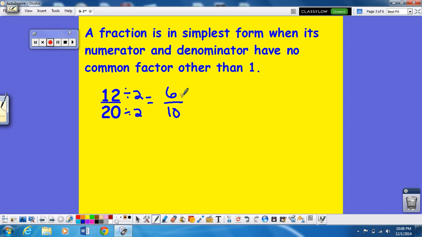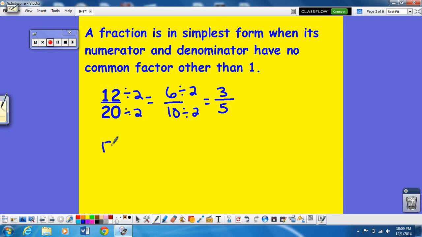I look at 6/10 and I know those are also even numbers, so they're both divisible by 2 as well. 6 divided by 2 is 3. 10 divided by 2 is 5. When I look at 3 and 5, I know I am now in lowest terms or simplest form because there's nothing else that goes into 3 and 5 except for the number 1.